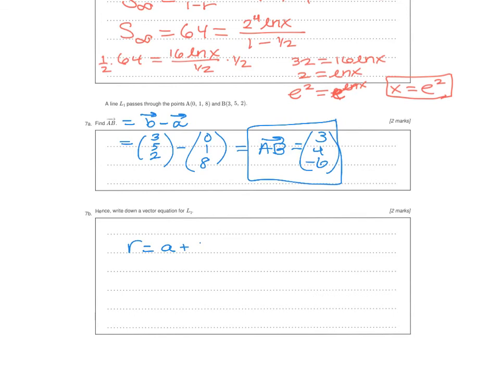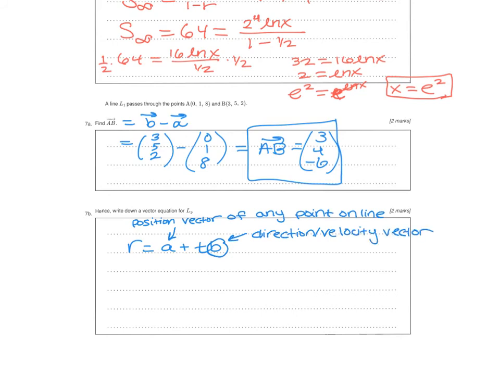We know that vector equations always take this form, where A is the position vector of any point that's on the line, and B is a direction or a velocity vector.